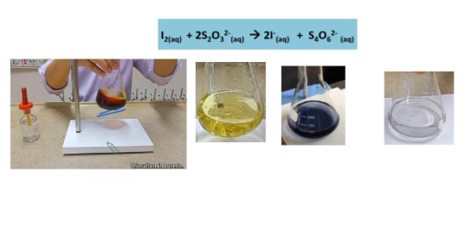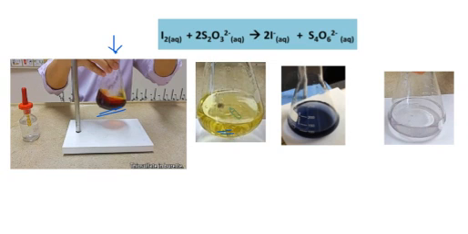Into this reaction mixture, sodium thiosulfate will be added from a burette. Initially, since the amount of iodine is maximum, color intensity also will be maximum. As the reaction proceeds, the iodine amount gets reduced and the color will fade off to pale yellow.